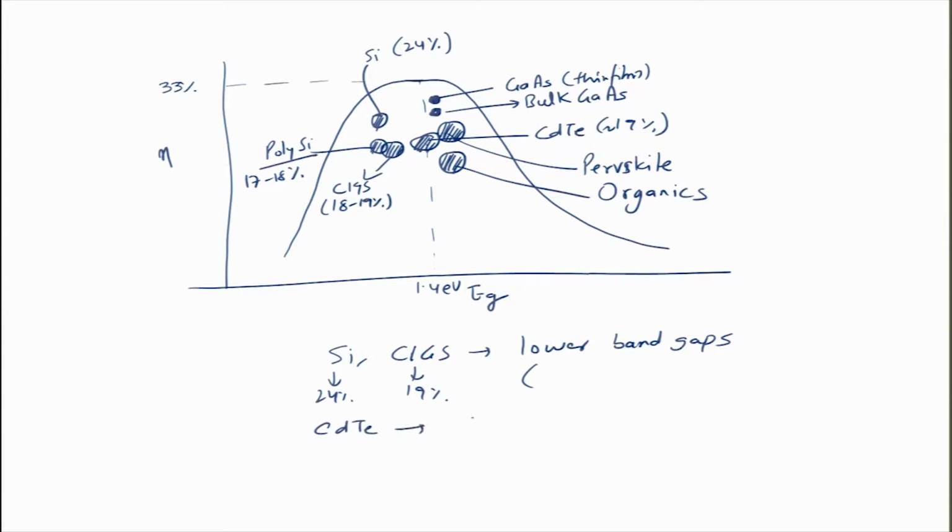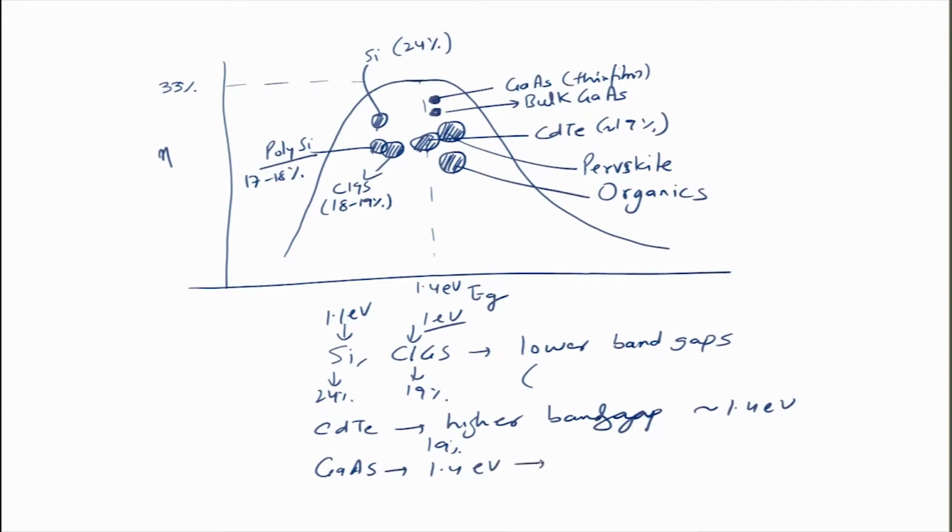CdTe band gap is larger, so around 1.4 eV. Silicon is about 1.1 eV, CIGS is about 1 eV or so, it depends upon the composition. CdTe again gives you about 19%, gallium arsenide is 1.4 or so, this gives you nearly 28 to 30% roughly. So you have various numbers for gallium arsenide.